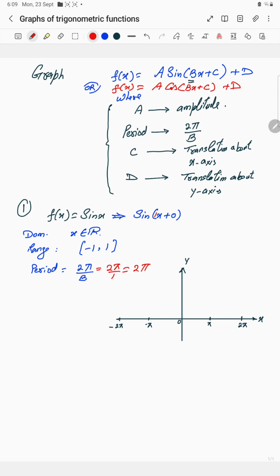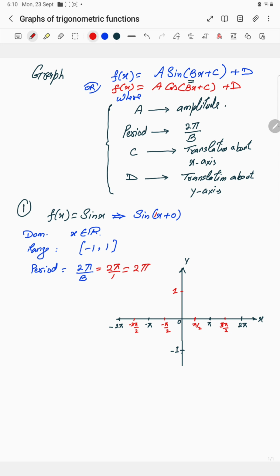pi and 2 pi? That is 3 pi by 2, and half of 0 and pi is pi by 2. Same you can move on the other side, minus pi by 2, and half of minus 2 pi and minus pi is minus 3 pi by 2. As it is clear, its range is 1 and -1, so I'm going to mark minus 1 here, right?